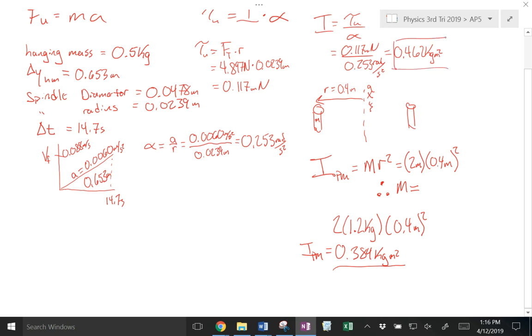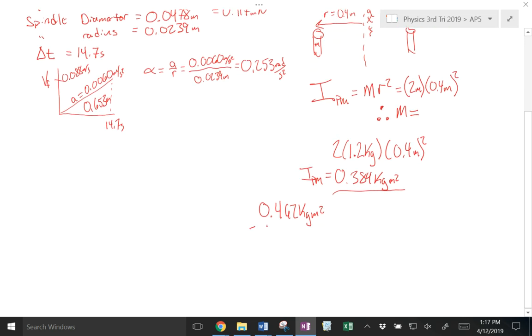So that's what we calculated to be the total moment of inertia. I got to do a little math here. 0.462 kilogram meters squared minus 0.384 kilogram meters squared.